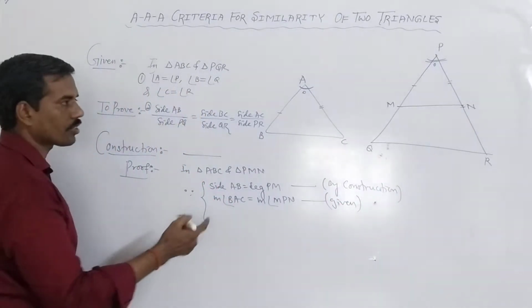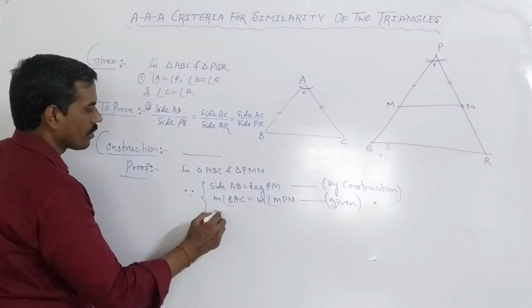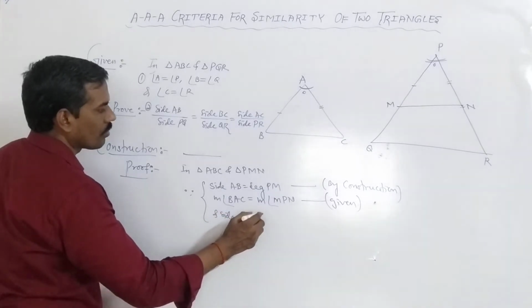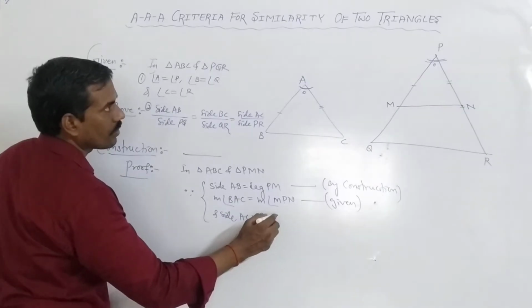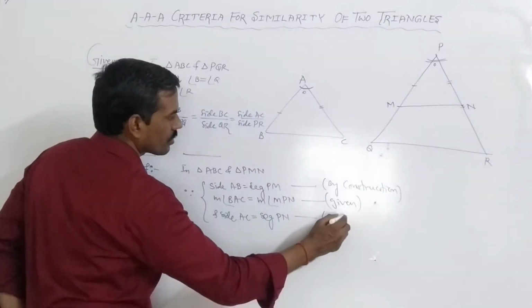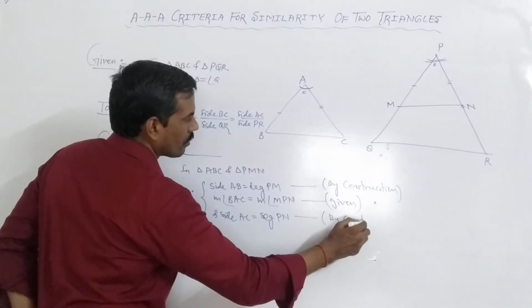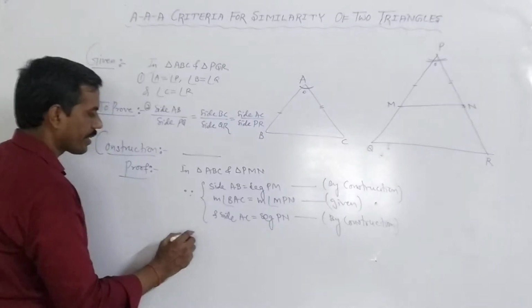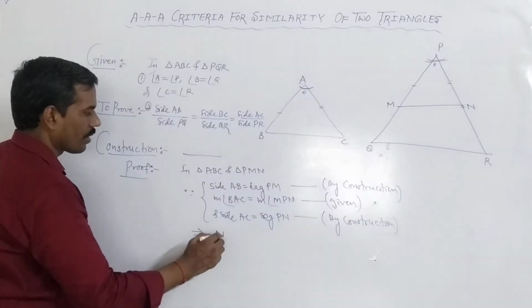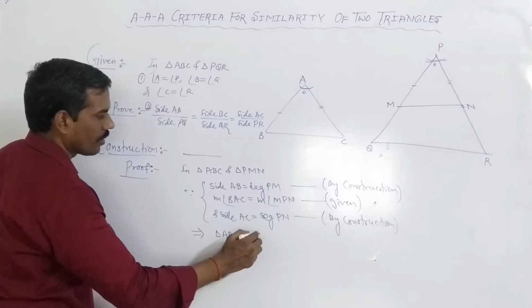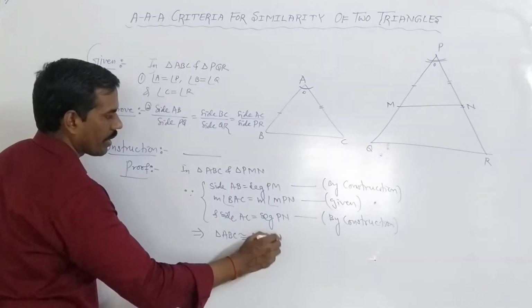And side AC is equal to segment PN, this is by construction. In this way, we can say that triangle ABC is congruent with triangle PMN.